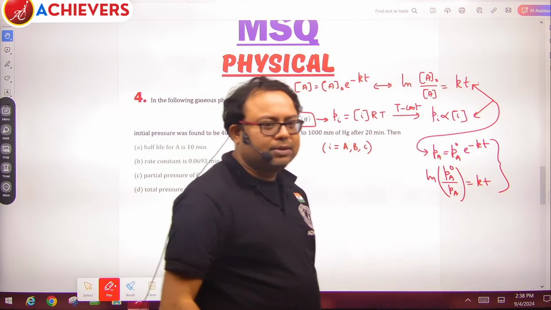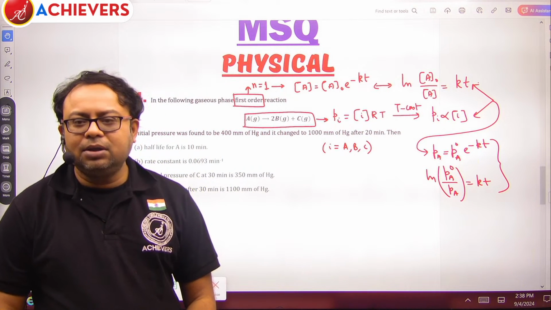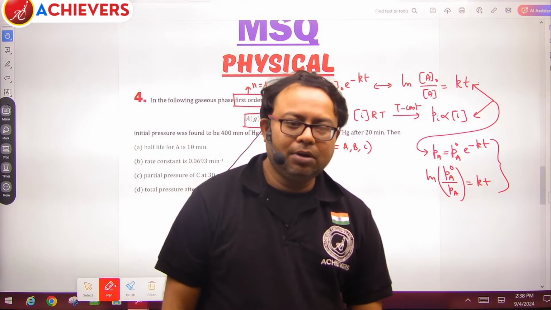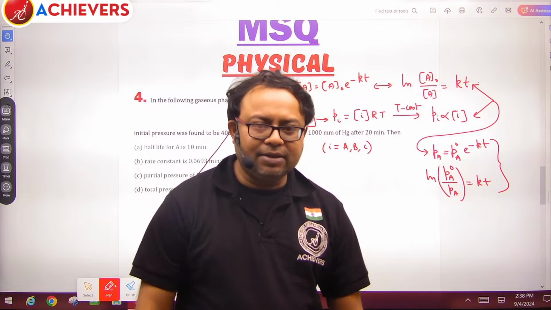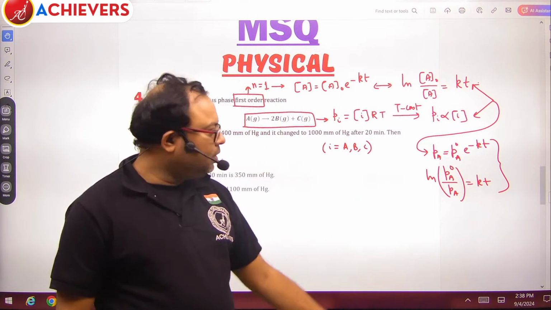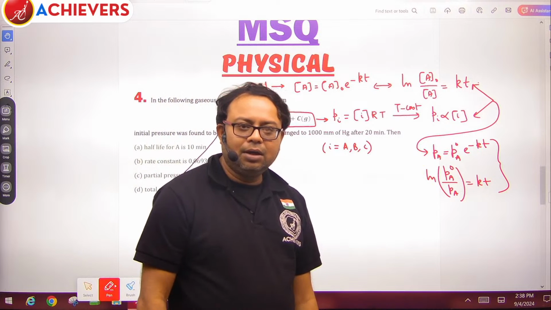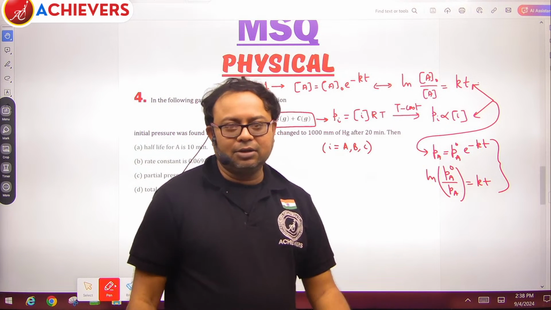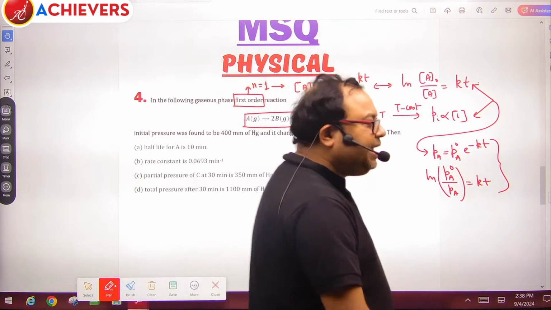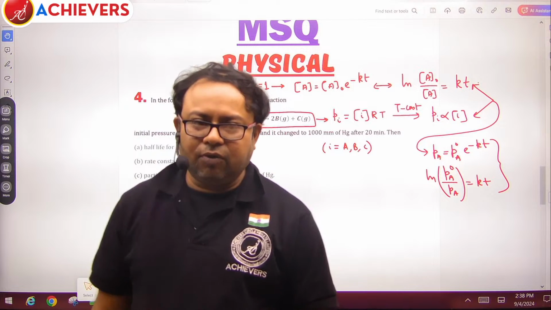You can always write this because the proportionality constants, RT, will get cancelled out from numerator and denominator. You can always replace concentrations by partial pressure. So these are the key facts over here.